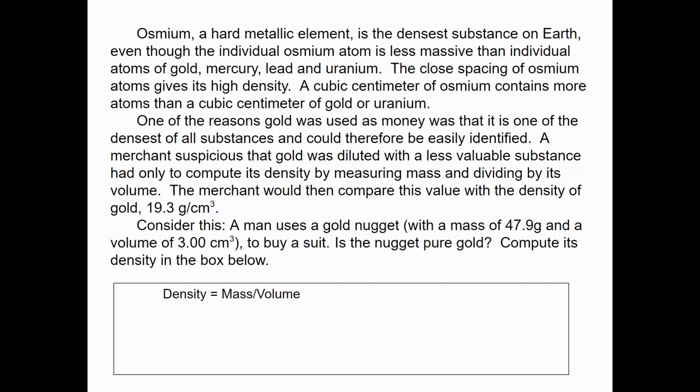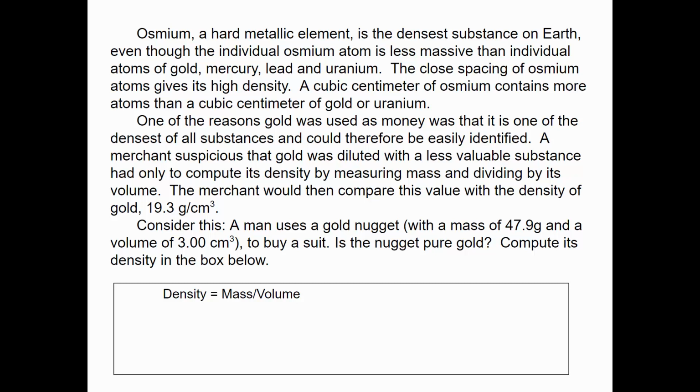One is that it's very dense, and therefore, if somebody gives you a coin made of gold, you can tell that it's actually gold because it's much more dense than other metals. And so you can tell if you're being ripped off by somebody giving you a piece of aluminum coated in gold, or something that just has a gold color, because the density would obviously be much different.